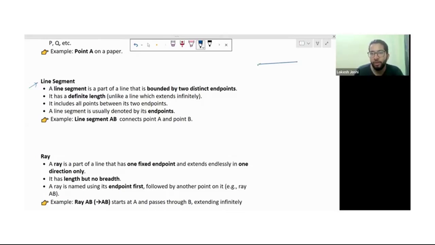The next point is that it has a definite length. Yes, we all know it has a definite length.